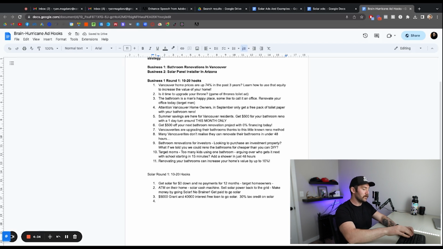One thing I would do would be like a news angle, so it'd be like breaking news, Arizona, which I was going to do: Arizona residents are going solar and getting, to put a random number in there, in tax credits.